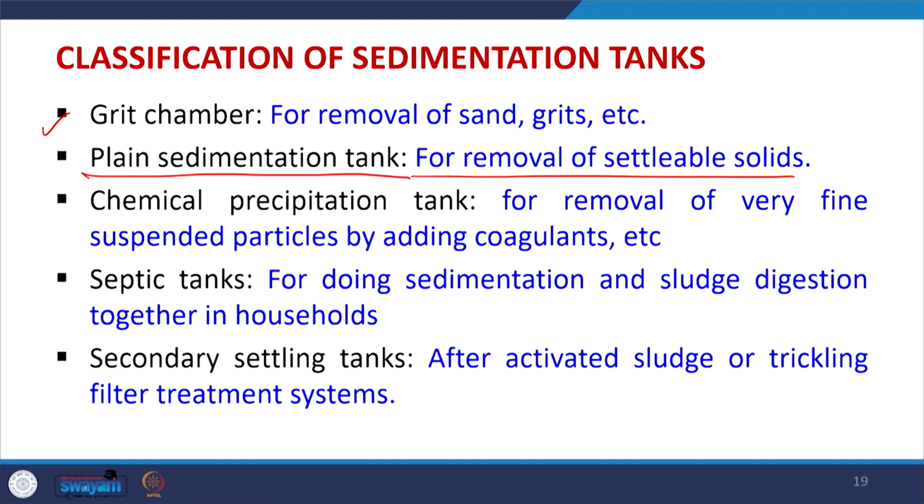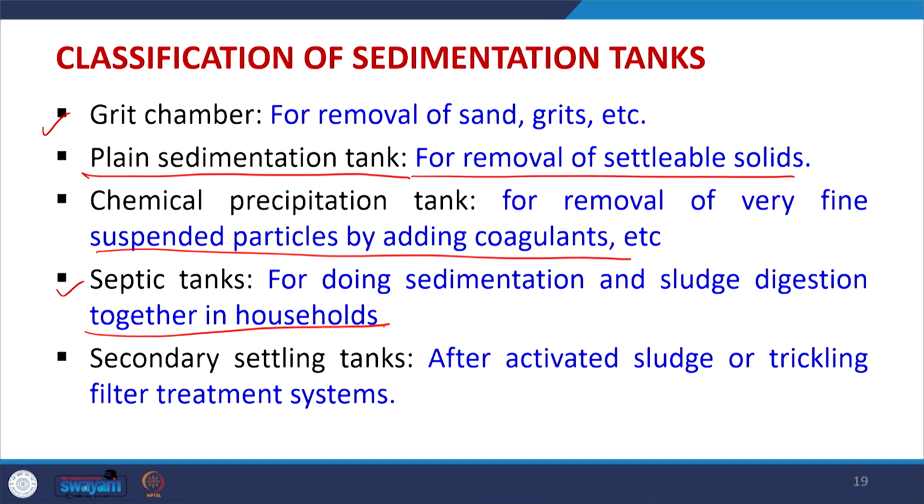Then we have a chemical precipitation tank for removal of very fine suspended particles by adding coagulants, etc. Then septic tanks, which are very common for doing sedimentation and sludge digestion together in households.